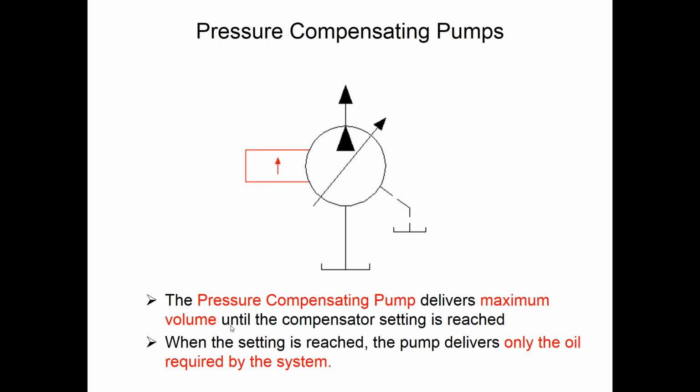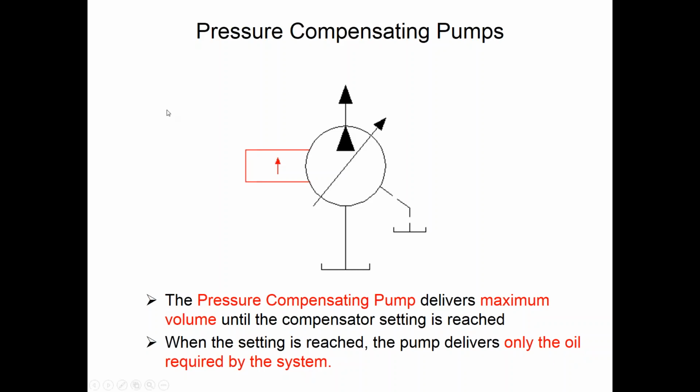Right? And when the system pressure is below that setting, the pump is going to deliver its maximum volume as long as the pressure is below the compensator setting. Now, once the compensator setting is reached, then the pump will de-stroke and deliver only the amount of oil that's required by the system.